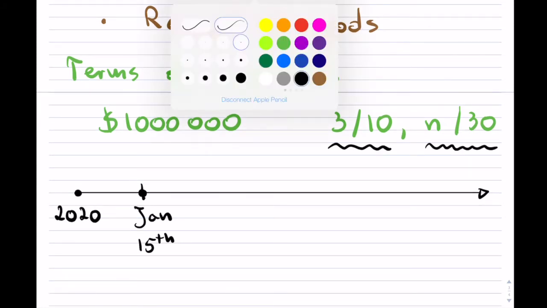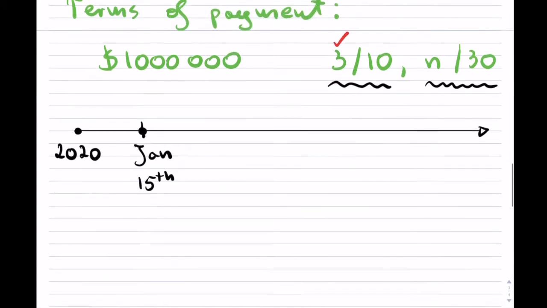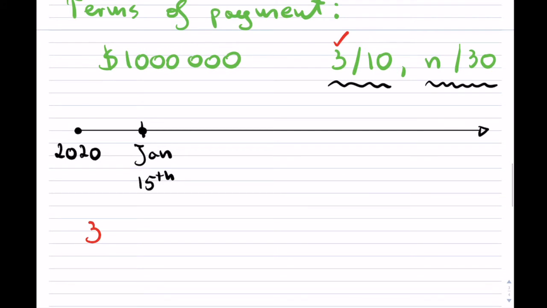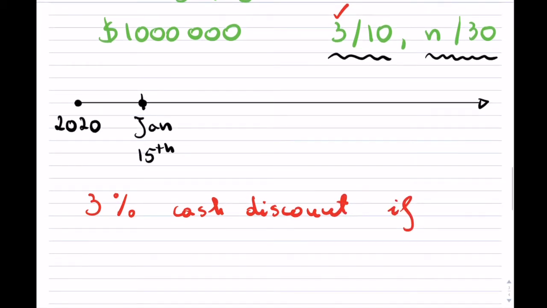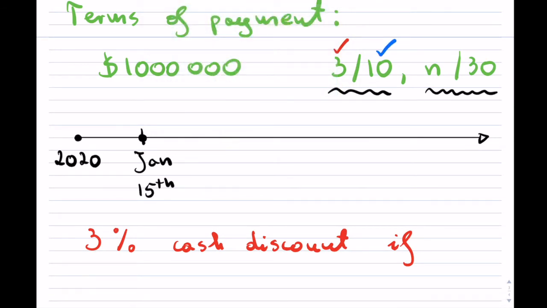The first item that you see there, that 3, represents that they are trying to entice you with a 3% cash discount that you would get if you pay within the first 10 days of the invoice date.